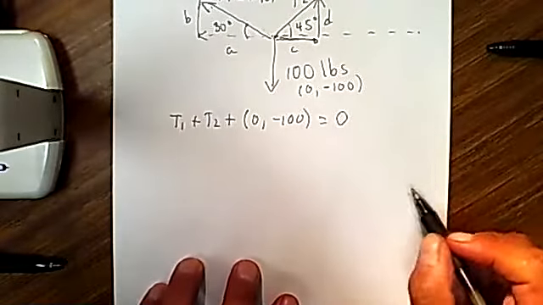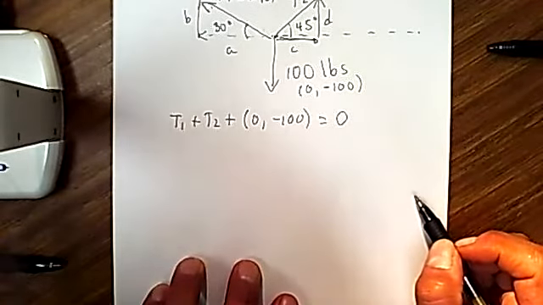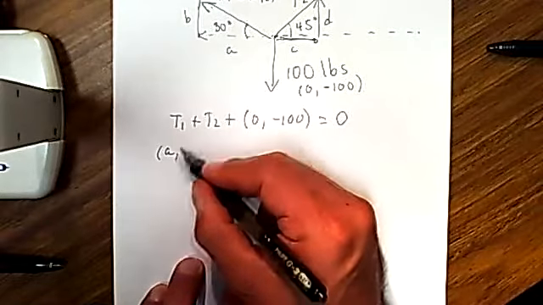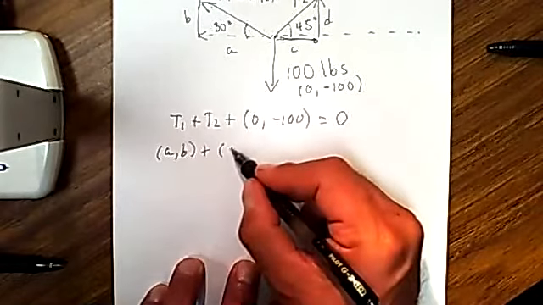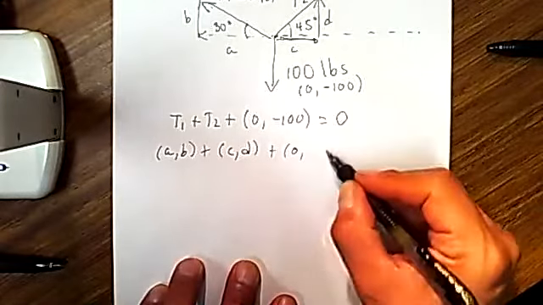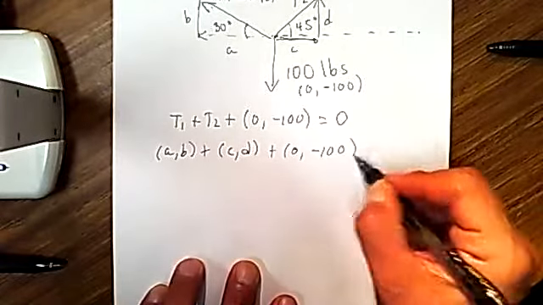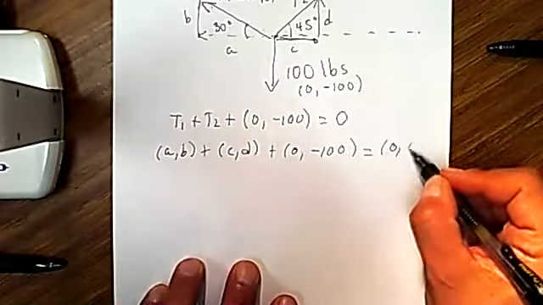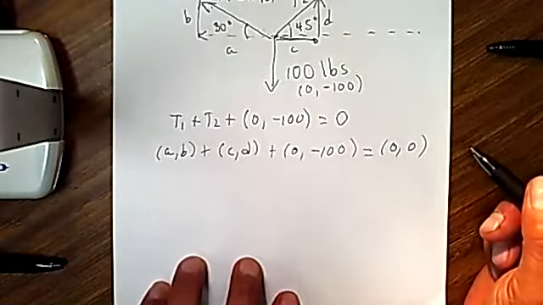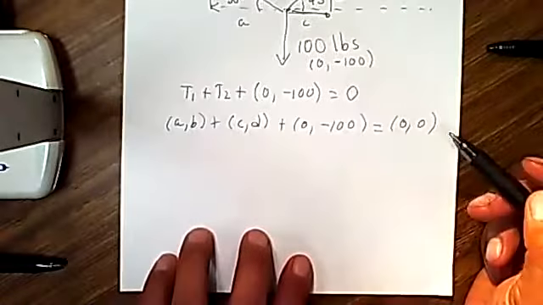And in fact, a lot of people would say that is very good. So what we are saying is that A, B plus C, D plus 0, comma, negative 100 is equal to 0, 0. Now it is more clear that we have an equation of vectors.